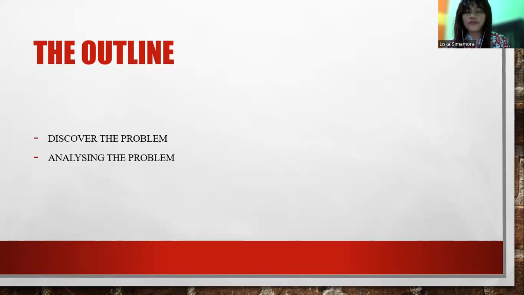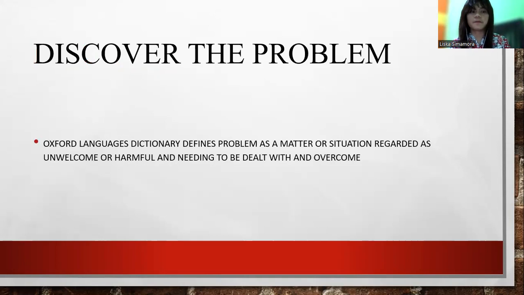The aim of analyzing the problem is to enable us to find the solution to the problem that we have discovered. So let's start from the first one, about discovering the problem.